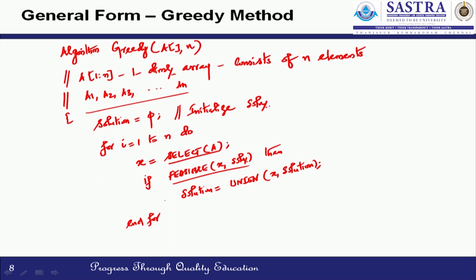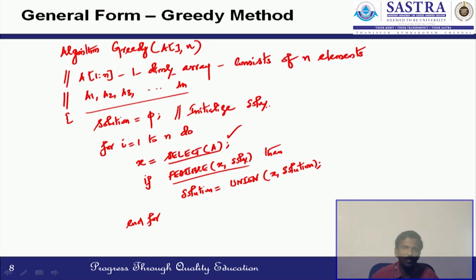So after taking one input at a time, please check if it results in a feasible solution. So assume feasible is a user-defined function or a Boolean function that determines if x is a feasible solution. If x satisfies the given constraints of the problem, then x can be included into the solution vector.